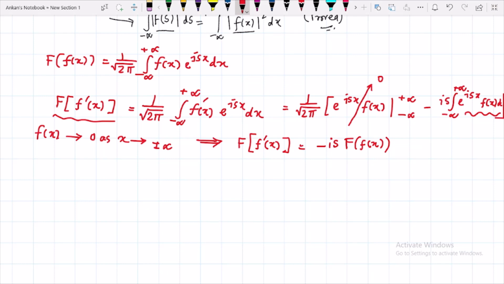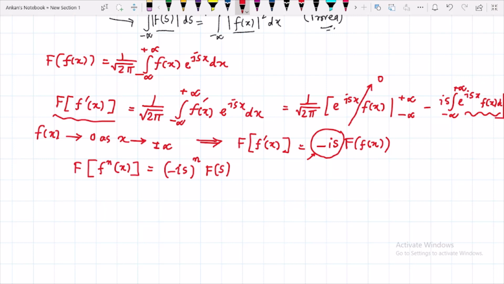So the Fourier transform of the nth derivative of f(x) can be written as minus is whole to the power n, means minus is whole to the power 1, F of f(x), means F(s).